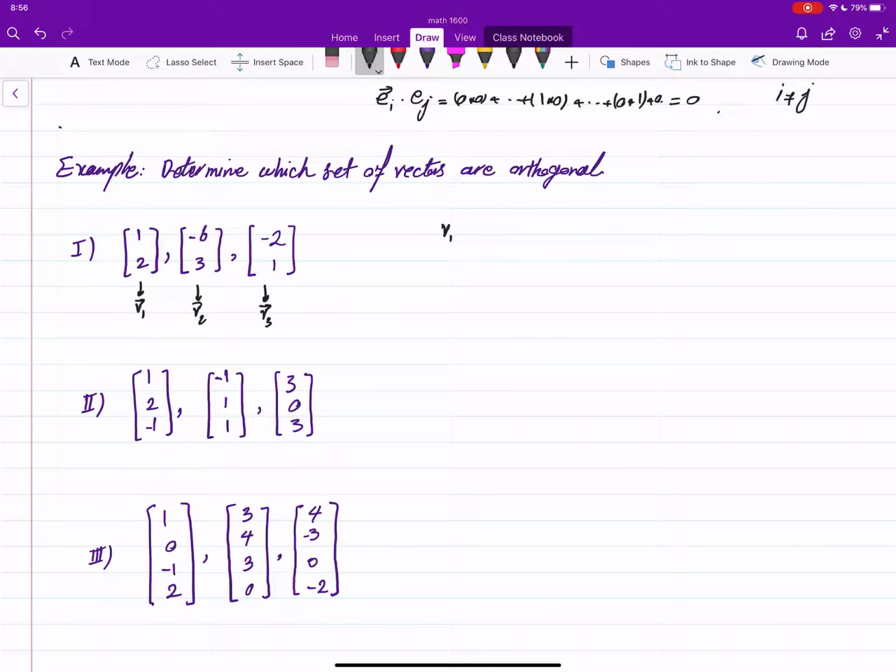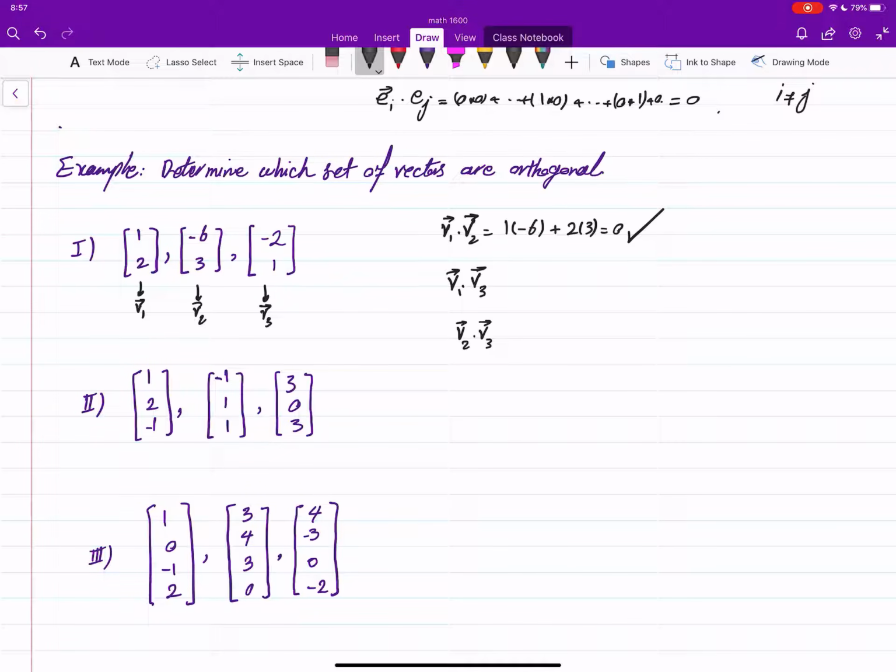We have to check that v1 dot v2, v1 dot v3, and v2 dot v3 must all be equal to 0. So 1 times negative 6 plus 2 times 3 is 0.